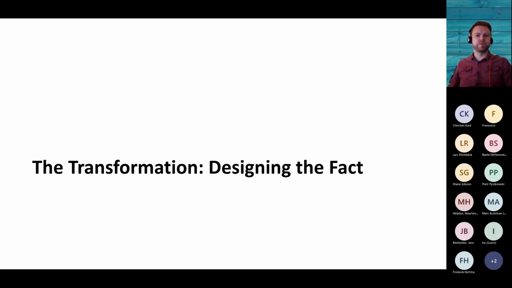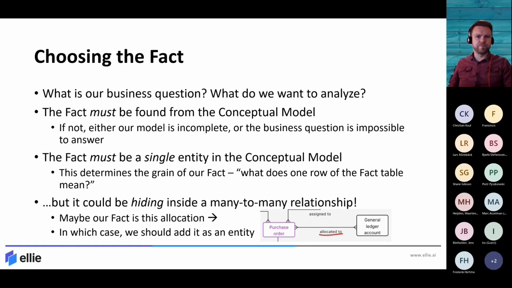What we want to start with now is the actual transformation of this model. If we start with the fact, we need to answer the question, what do we want to analyze? And trick number one here is that we have to find the fact from the conceptual model.